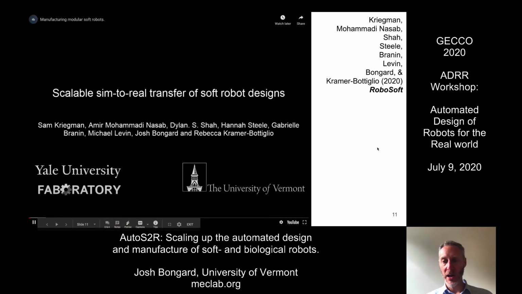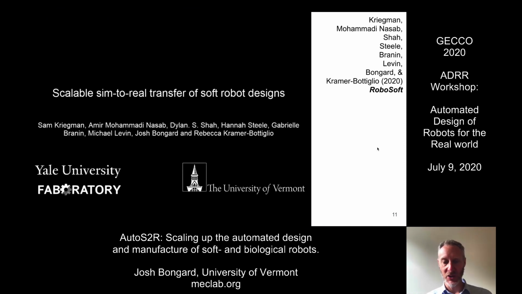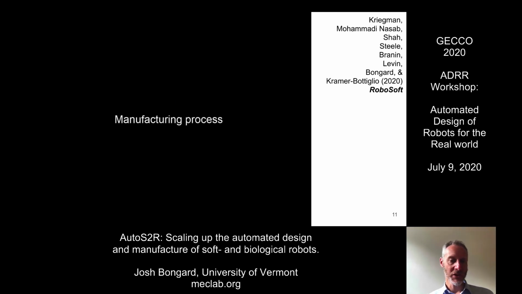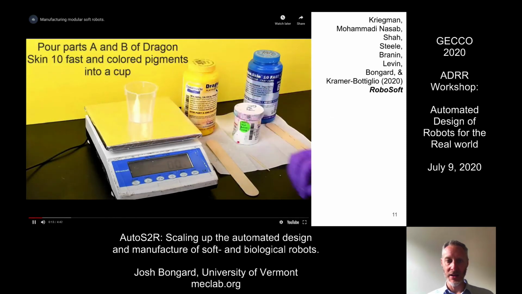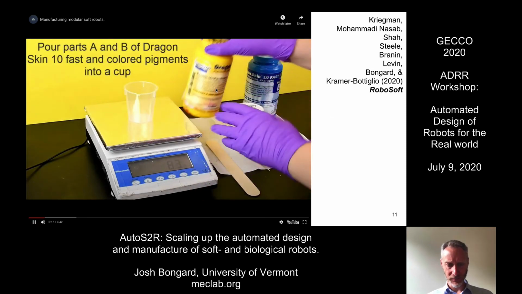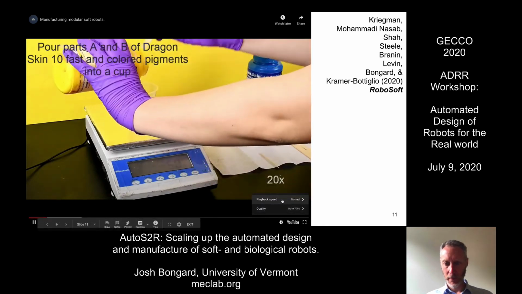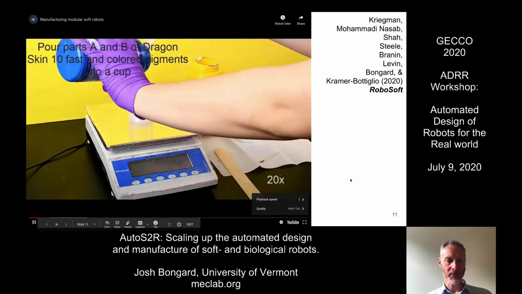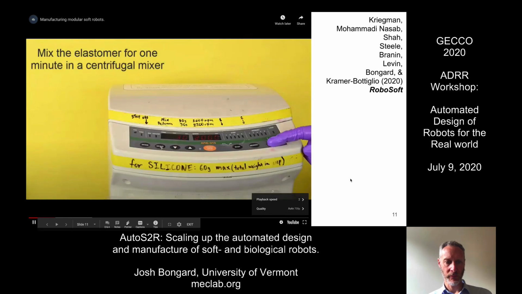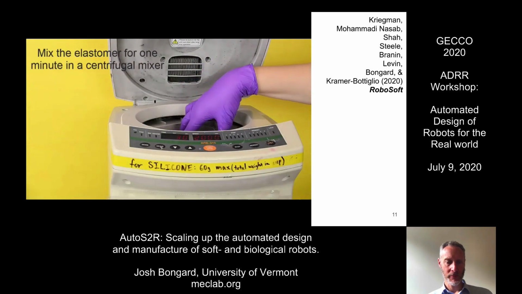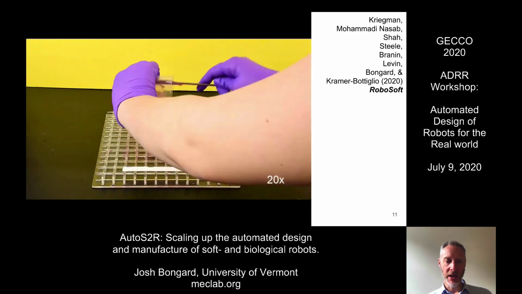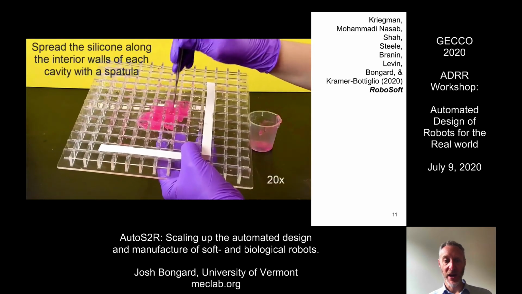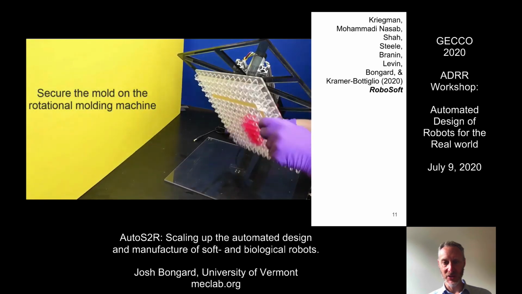This shows you how we actually go about manufacturing these physical robots. It's a low-cost, low-skill manufacturing process. What you'll see in a moment is the deposition of dragon skin, an elastomeric material, that we then deposit inside an open face mold to create the 5 of 6 faces for each of the voxels.